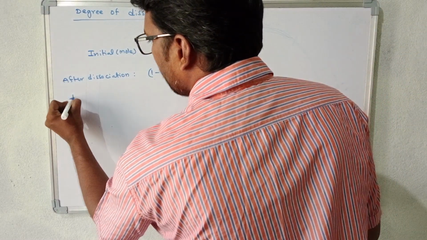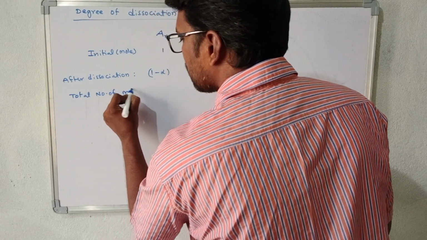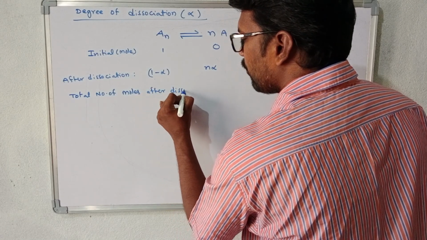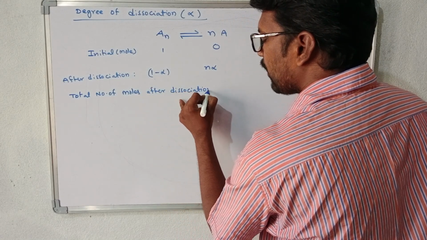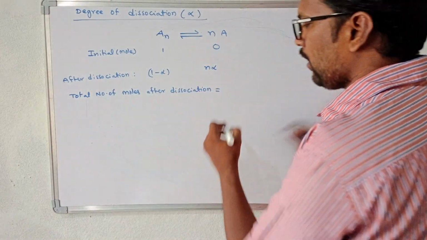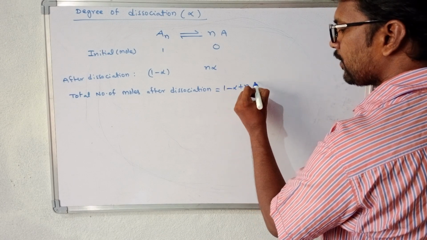If you want to write the total number of moles after dissociation, we add these two: 1 minus alpha plus n alpha.